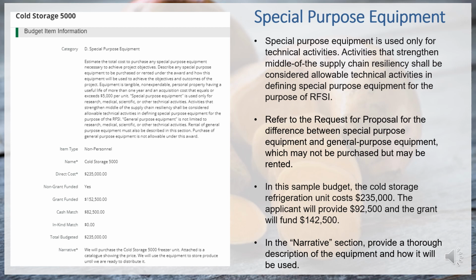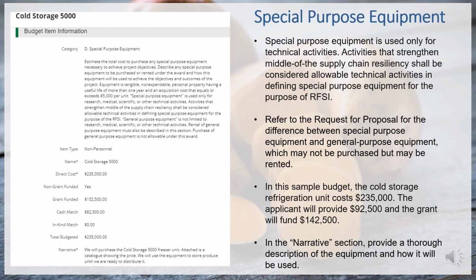In this sample budget, the cold storage refrigeration unit costs $235,000. The applicant will provide $92,500 and the grant will fund $142,500. In the narrative section, provide a thorough description of the equipment and how it will be used.